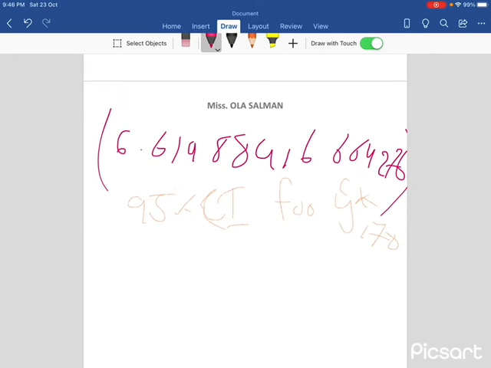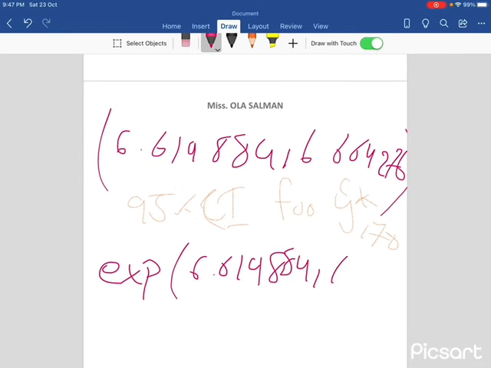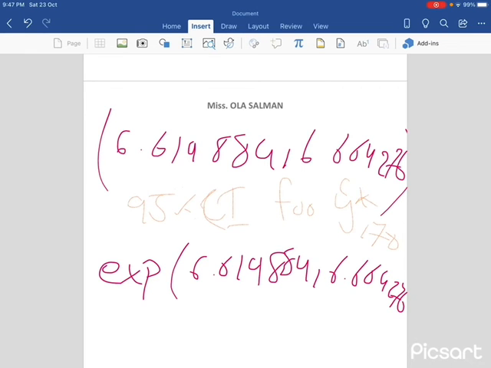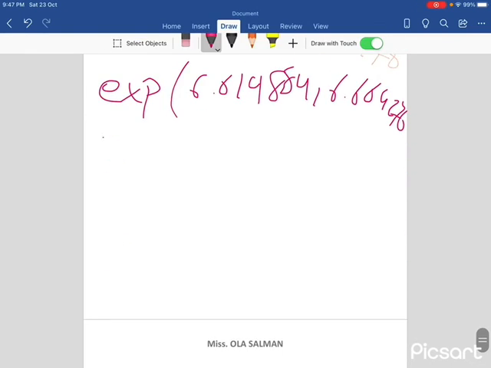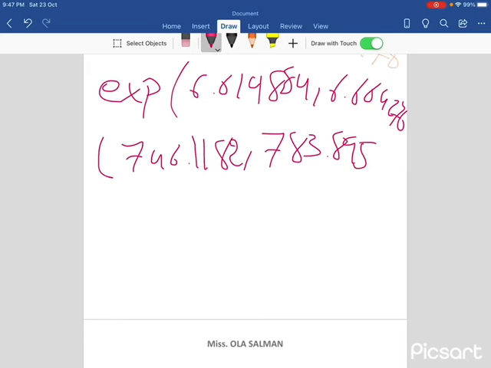Then you will do the exponential for 6.614884 and 6.664276. Then you will find that it would be 746.1182 and 783.8957.